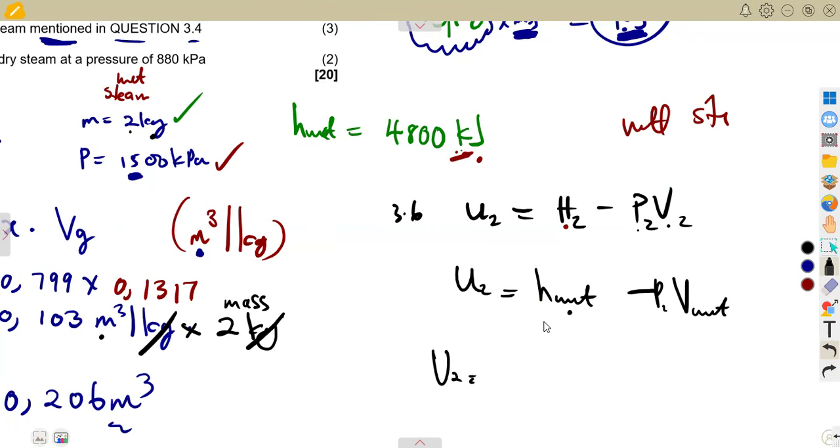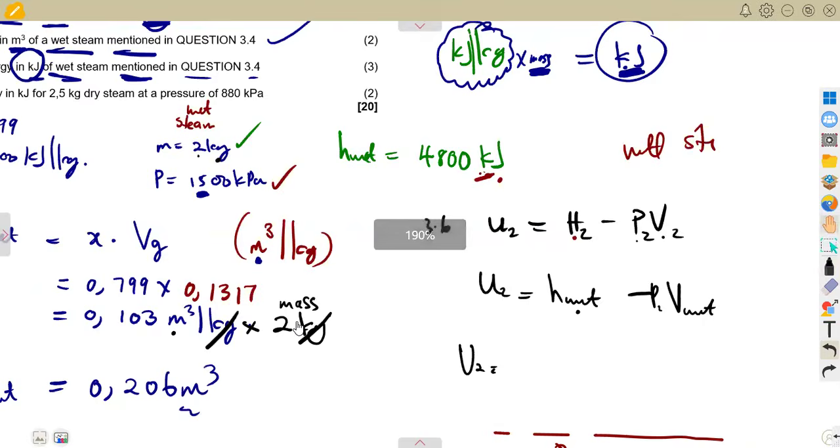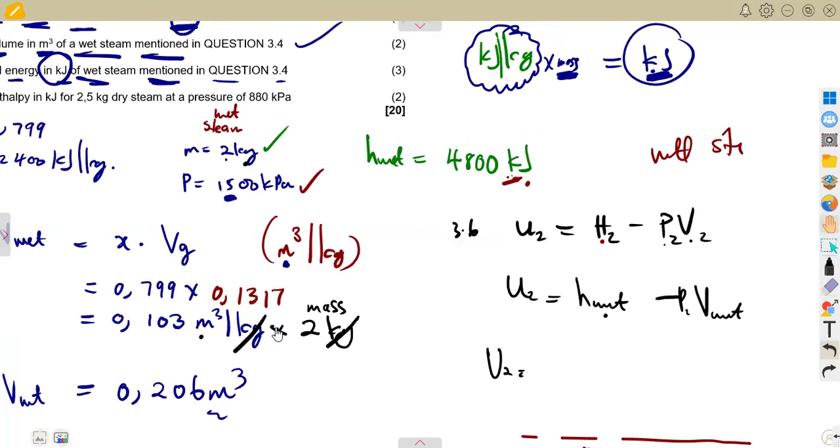I want us to be careful there, because of the way we are given the volume that we calculated, it is in cubic meters, not per kilogram. So if I take this H wet in kilojoules, I'm going to obtain the answer directly in kilojoules.